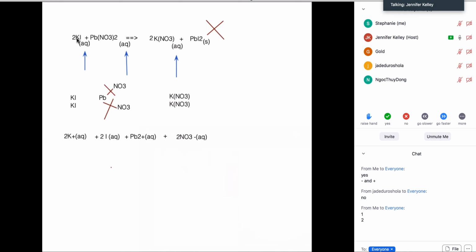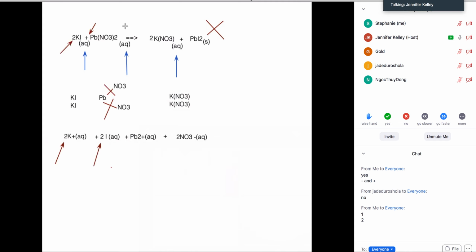So you see how I had the 2 as the coefficient for KI, which was right here, do you see that that became a 2 here and a 2 here? Now with the lead, there was no coefficient, so that didn't do anything, right? So then I had to look at the pieces. And I know lead is one piece and nitrate is another piece.